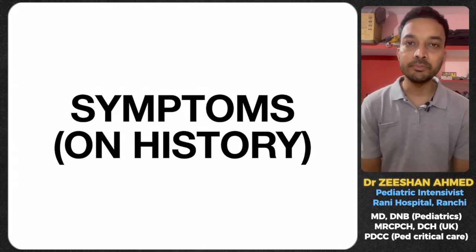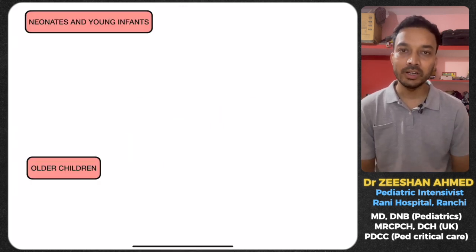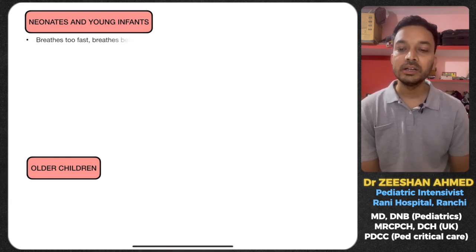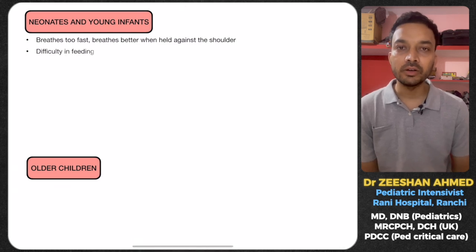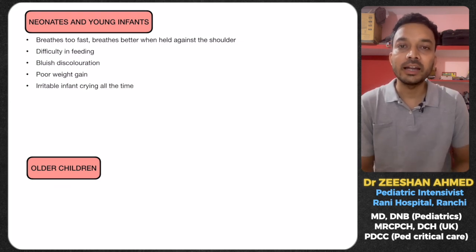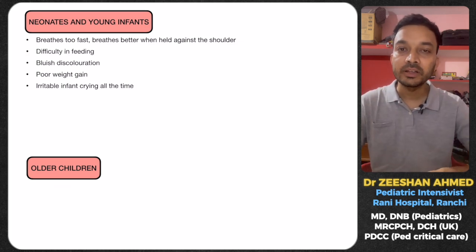So, coming to the symptoms, or what symptoms the child comes to us with on history. It differs a bit amongst neonates and infants and older children. Amongst neonates and young infants, the 4 or 5 most common symptoms of heart failure are: the child is breathing too fast and breathes better when held against the shoulder, which is analogous to orthopnea in an older child or adult.